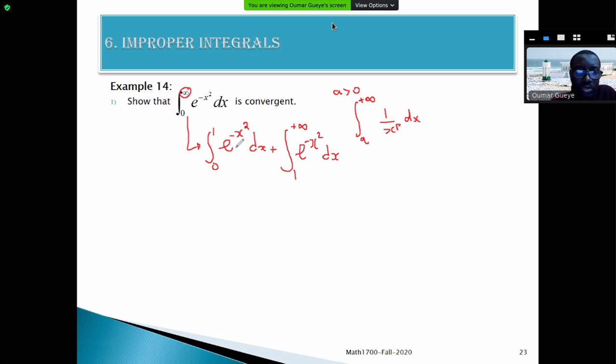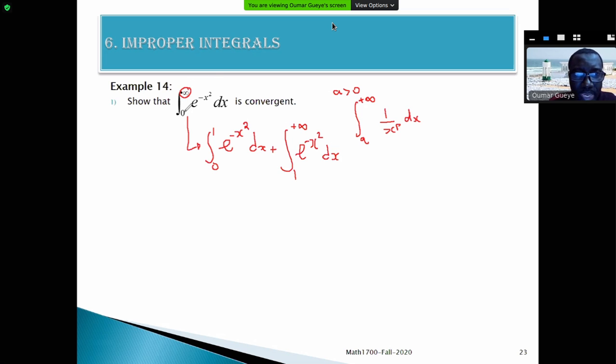This function is continuous everywhere. In particular, it's going to be continuous between 0 and 1. We don't have any point of discontinuity or infinite discontinuity. So this is not a problem, because it's a definite integral like we've seen in the previous chapter. A definite integral is always a number. It means the convergence will depend on this part.